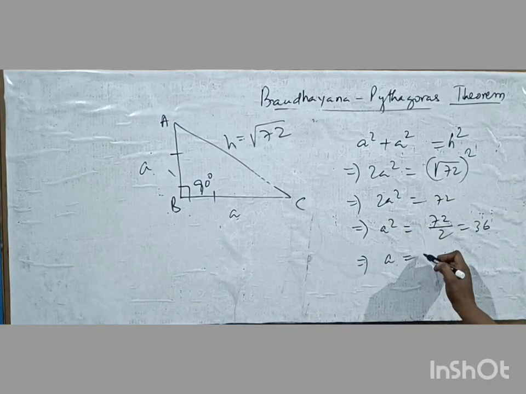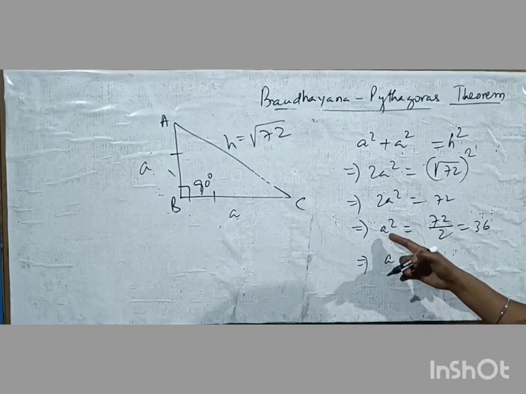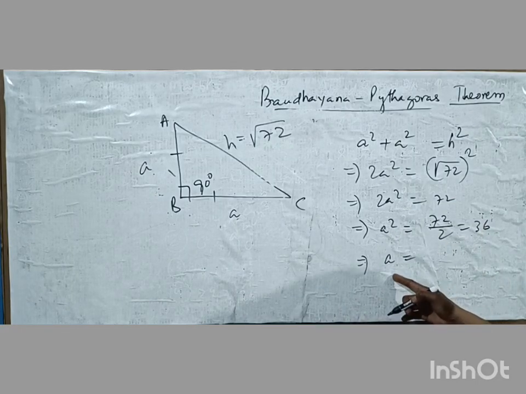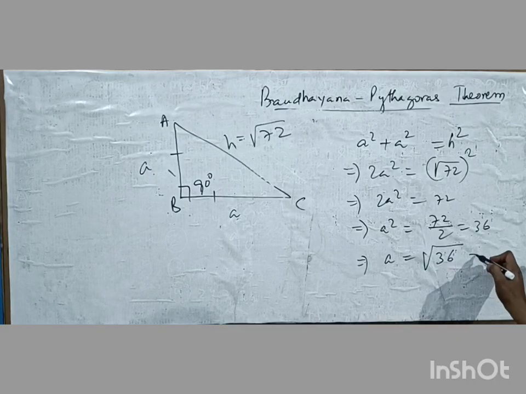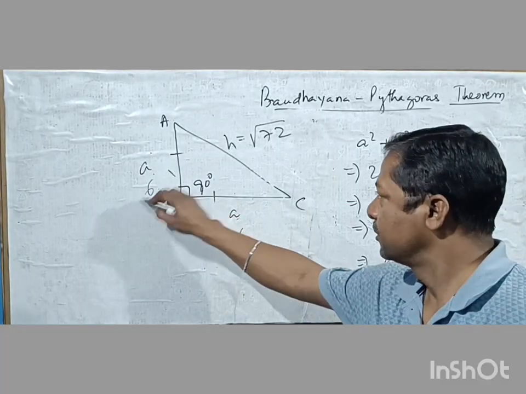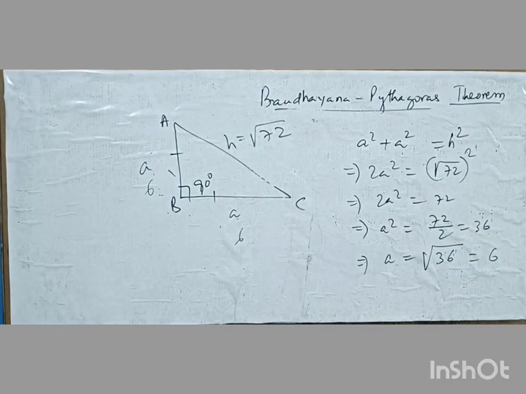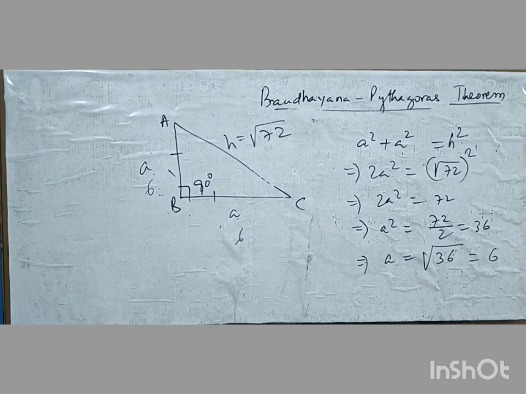If a square equals 36, a will be the square root of the value, 6. This will be 6.